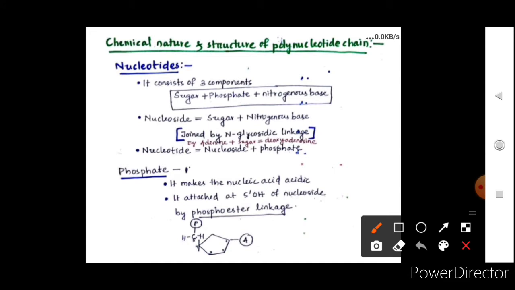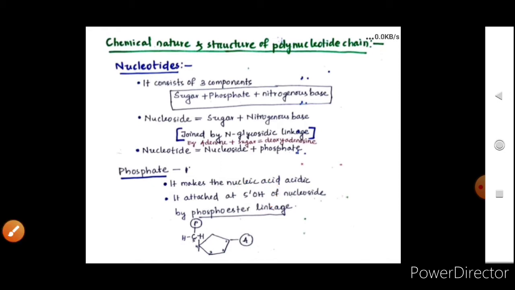Now what is the role of phosphate? It makes the nucleic acid acidic. So the acidic compounds which were found in the nucleus and which were called nuclein were actually acidic because of the phosphate. It is attached to the 5' OH group of the nucleoside. Nucleoside was sugar plus nitrogenous base, and we added the phosphate at the 5' OH group, so it became a nucleotide.